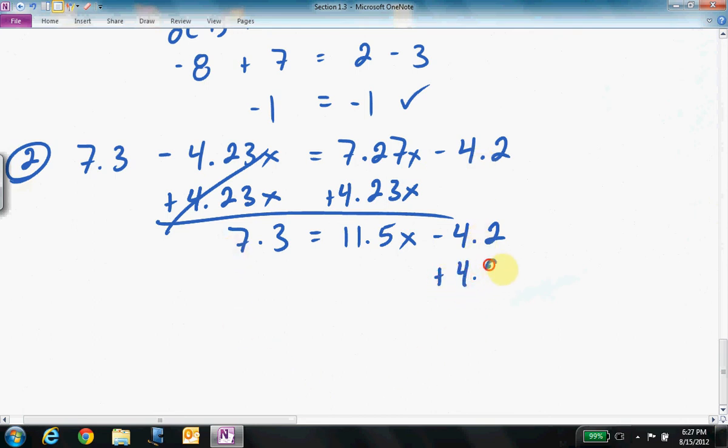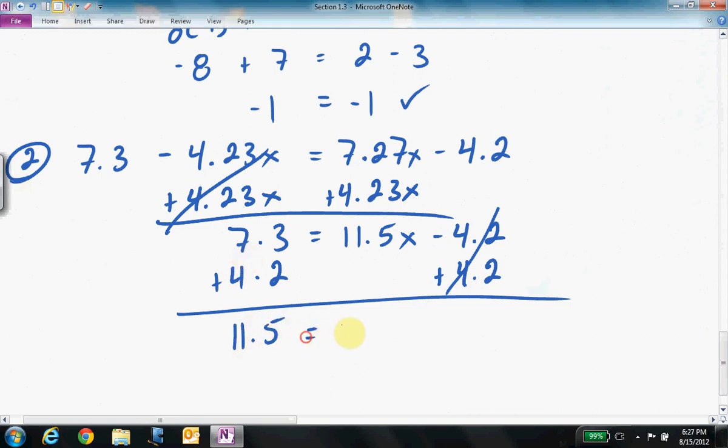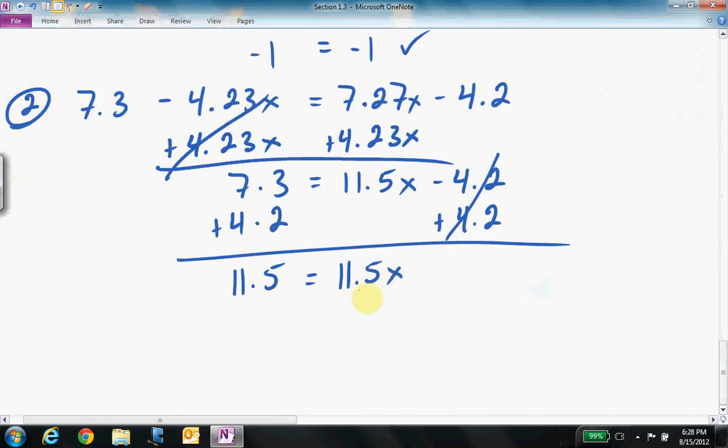So I'm going to add 4.2 to both sides, and I am going to get 11.5 equals 11.5x, and that works out really nicely, because when I divide both sides by 11.5, and I'm dividing because there's multiplication connecting the coefficient to the variable, so I want to make sure I'm doing opposite operations. As I said before, 11.5 divided by 11.5 is 1. 1 times x is x, so those can cancel, and I get 1.